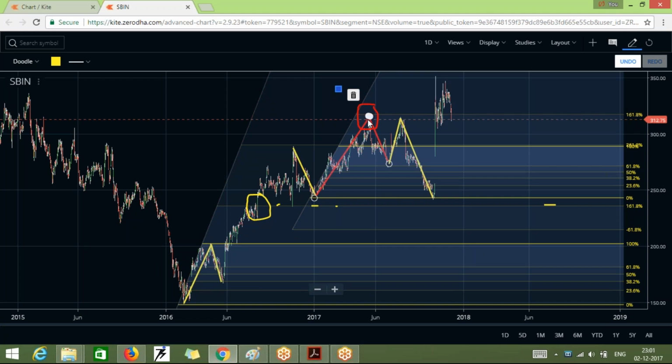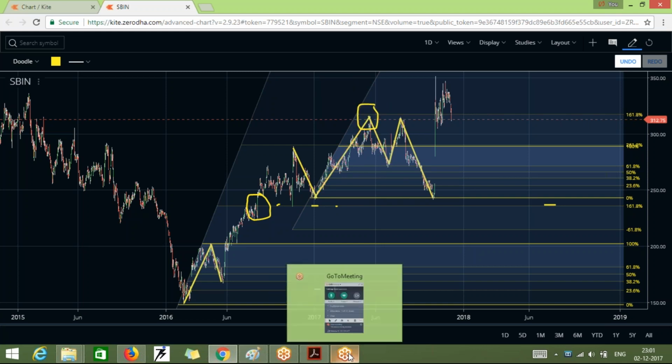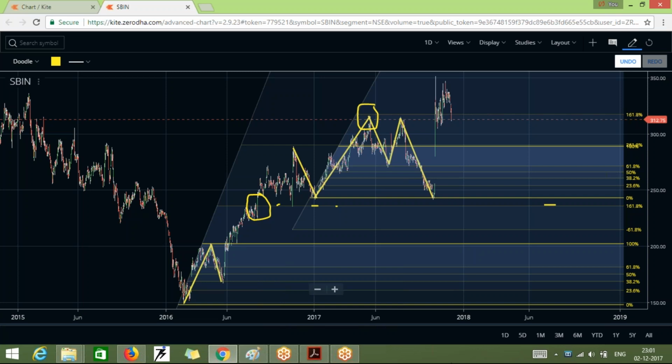As this has not given that much movement, we could not draw that. So this is what it is saying in total, which we were unable to find. Now we can clearly find that 161.8 is coming, and this also respected the Fibonacci level and went below that. So I think this is almost clear.